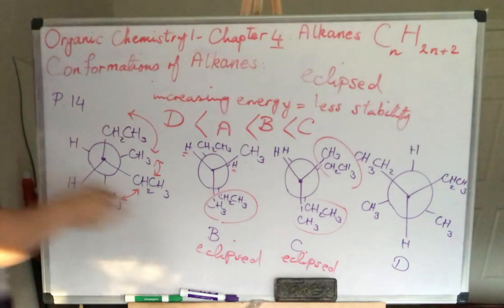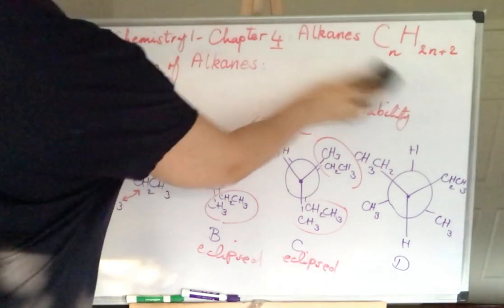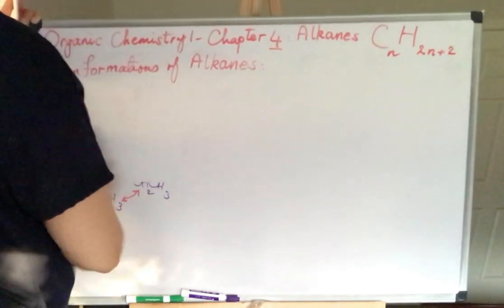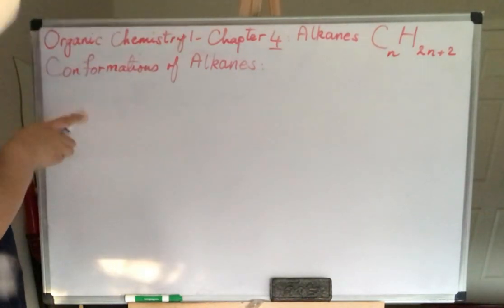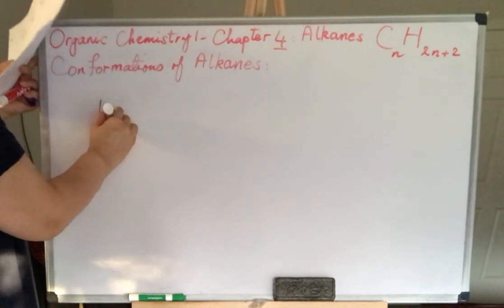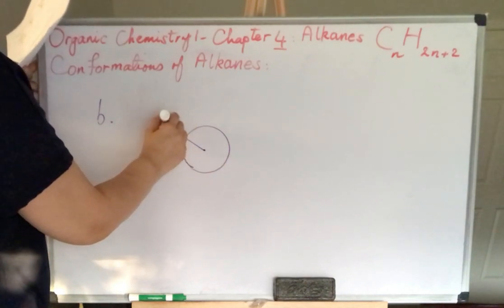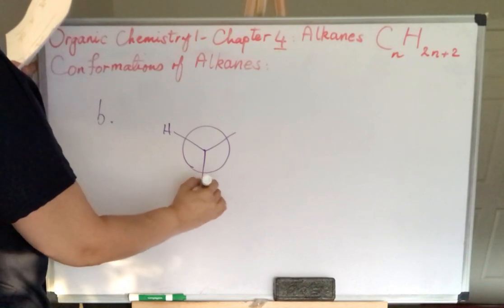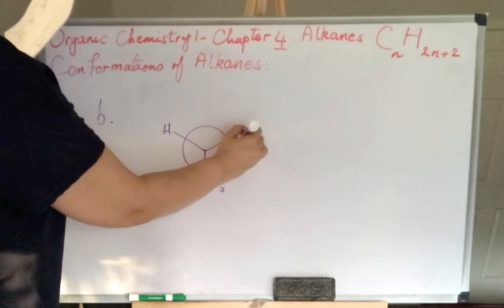I will work on one more on page 14, and I will leave the other one for you to calculate the torsional strain, or to calculate the energy. Let's calculate B together. You can use the table that you had previously, or any other tables you have in your textbook, or you find it online.